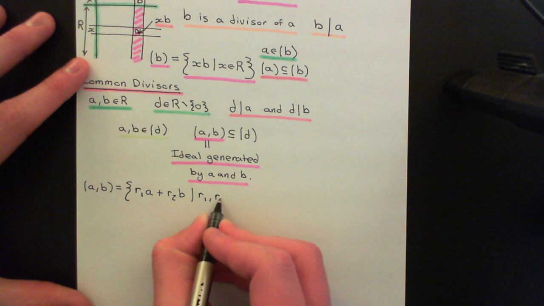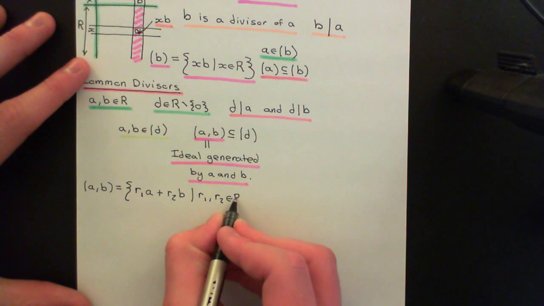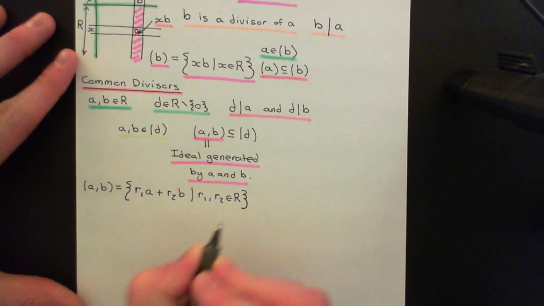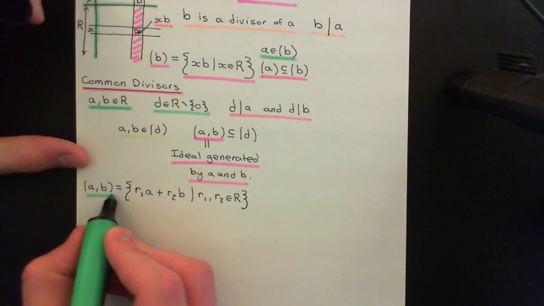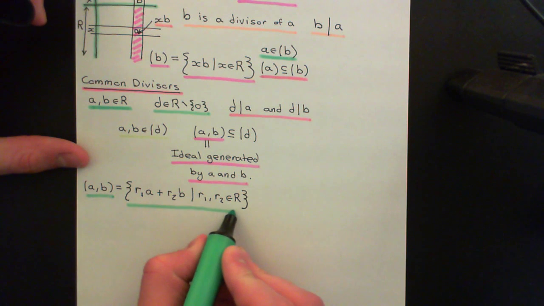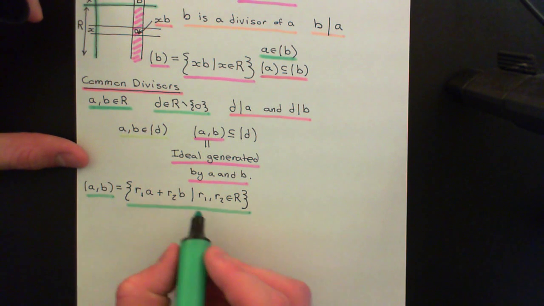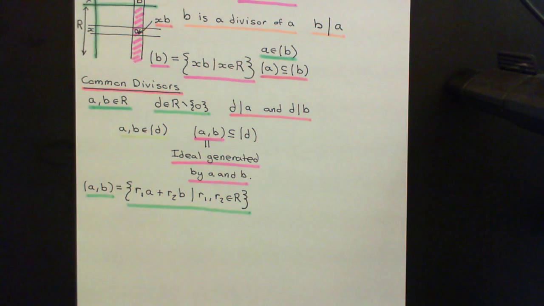Firstly, I want to show you that this is an ideal, and secondly, that it's the smallest possible ideal that can contain A and B. So this is the set of all things of the form R1 times A plus R2 times B, where of course the multiplication and the addition is done in our commutative ring capital R, and R1 and R2 are elements of the ring capital R.